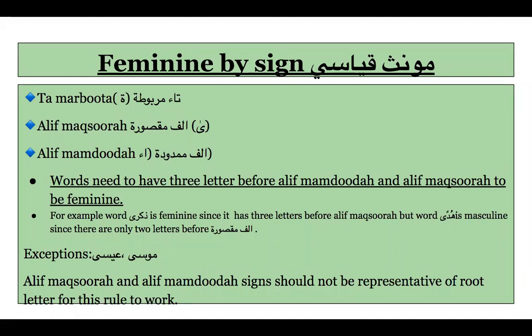Everyone is familiar with root letters, that every word has a root letter, and most of the words have 3 root letters that form a word. So for the word to be feminine, this alif maqsura, alif mamduda sign has to be after your 3rd root letter. Again, as I've told you before, there will be lots of exceptions.